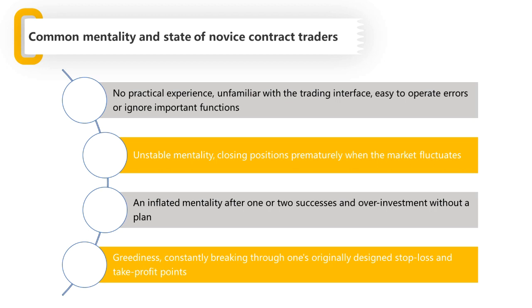Fourth, beginners are easy to be greedy. Maybe before building the position, they tell themselves, if I lose 10% this time, I will quit. But when they lose 10%, they will think, maybe the condition will become better.